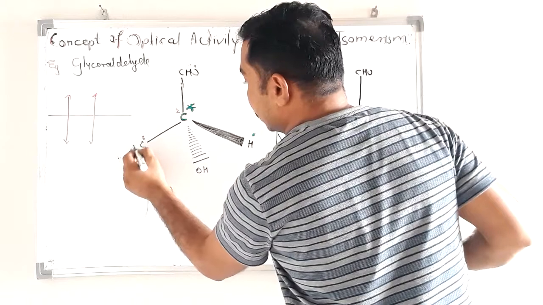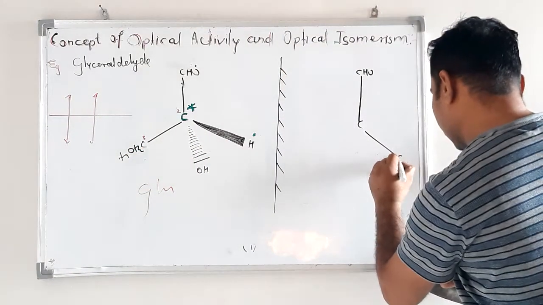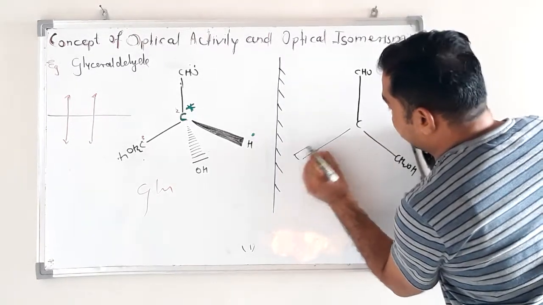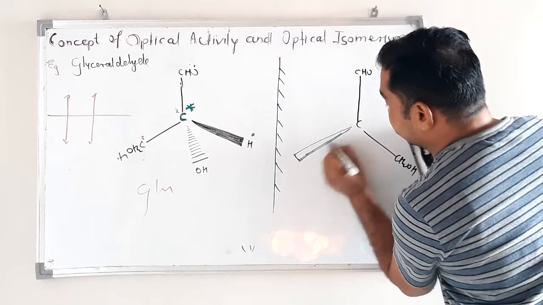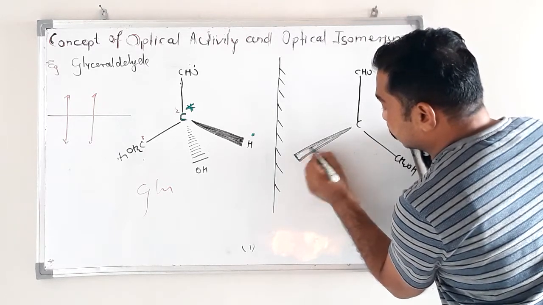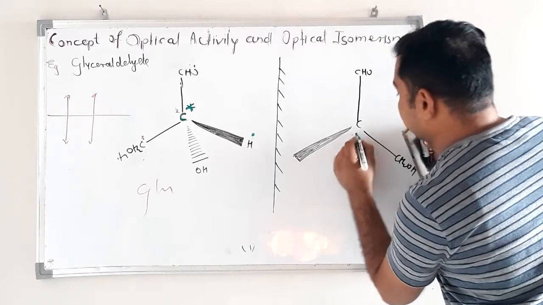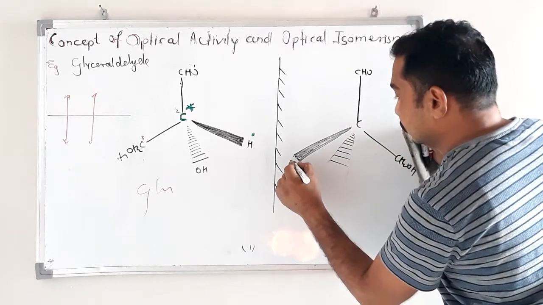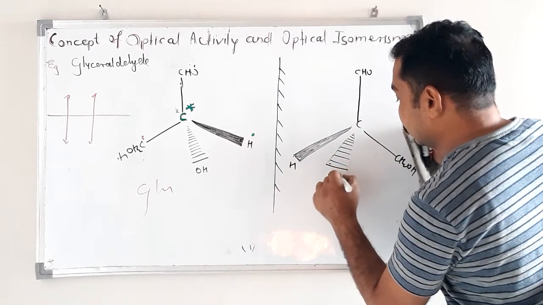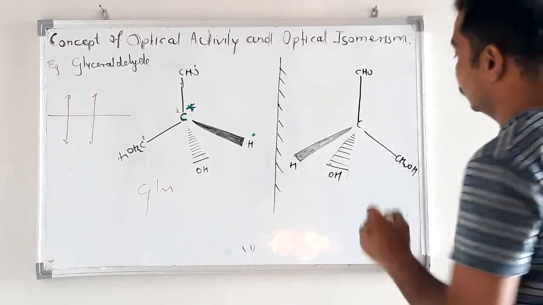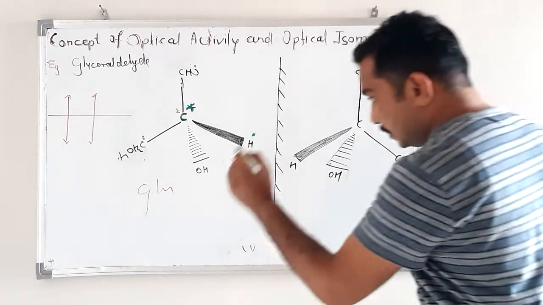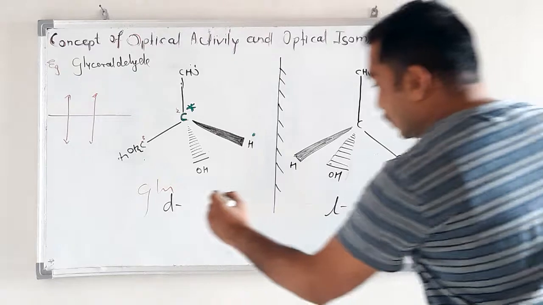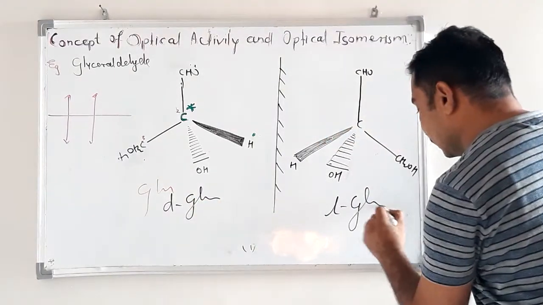Now CH2OH, CH2OH, mirror image, OH. So this is dextrorotatory, this is levorotatory glyceraldehyde and levorotatory glyceraldehyde.